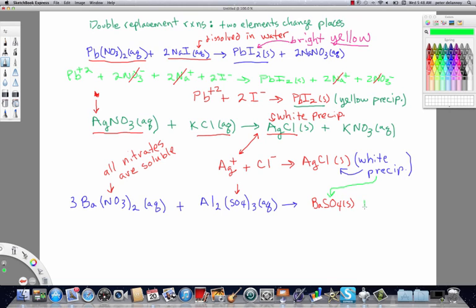And then we're also going to form an aluminum nitrate aqueous or ionic solution. Okay. And then let me make sure to get this thing balanced. I think we need a 3 here.